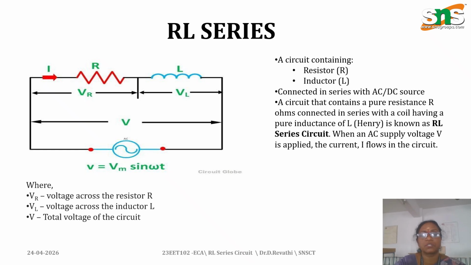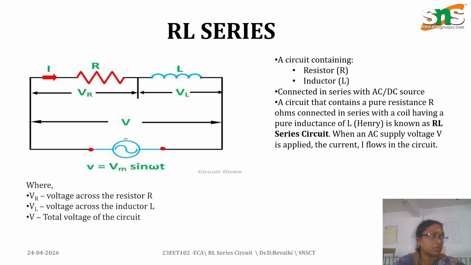The voltages will differ, so the voltage across the resistance is VR and across the inductor is VL, and VR plus VL is equal to V, where V is Vm sin omega t, VR is the voltage across the resistor and VL is the voltage across the inductor.